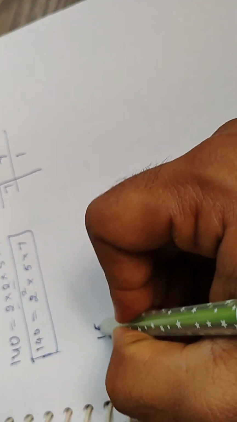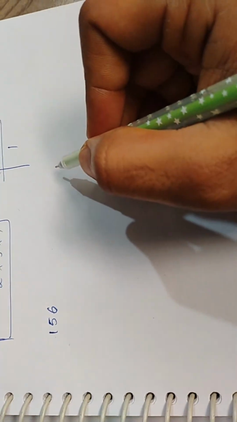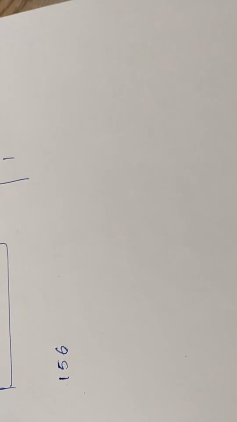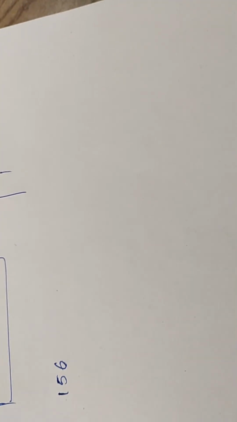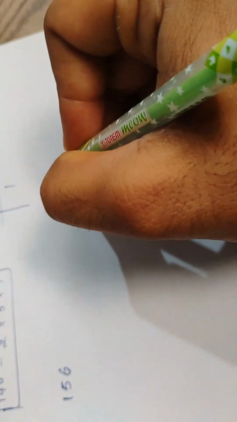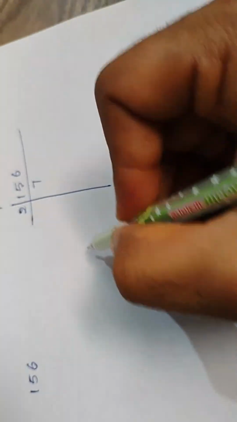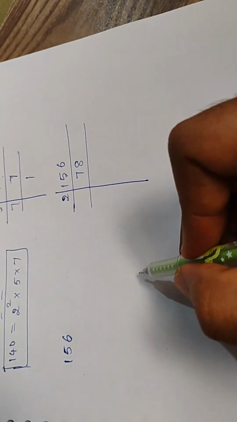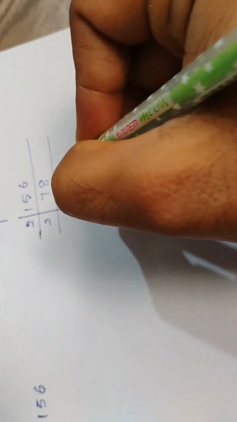Now look again. What is the number given? 156. Look here. I hope the screen is clearly visible. Now look at 156, right, left side. Again go with the 2 table. 156 is divisible by 2. Then 2 7s are 14, 1 is left over, 2 8s are 16. Again go with the 2 table: 2 3s are 6, 2 9s are 18.